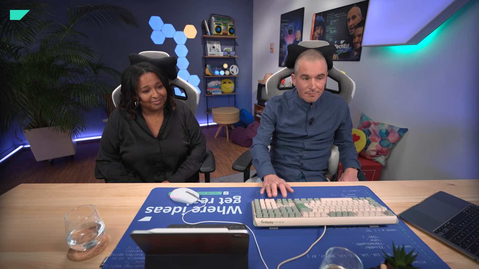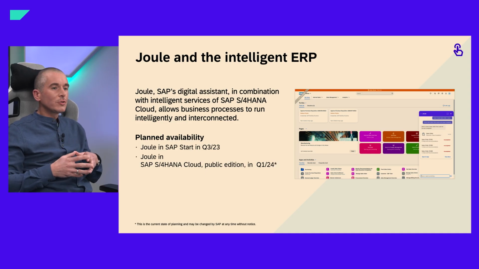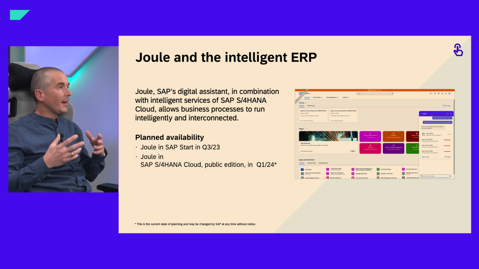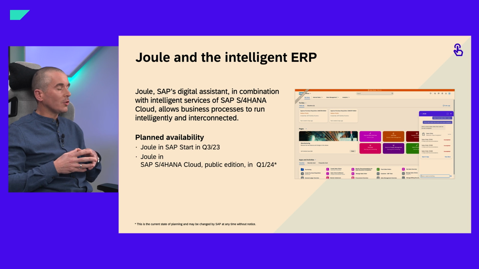Finally, let's briefly touch base on the hottest topic nowadays, AI. End of September 2023, SAP announced Joule, the natural language generative AI-based copilot for SAP solutions. We are happy to have Joule already available in SAP Start with content of SAP S/4HANA Cloud in a controlled availability.